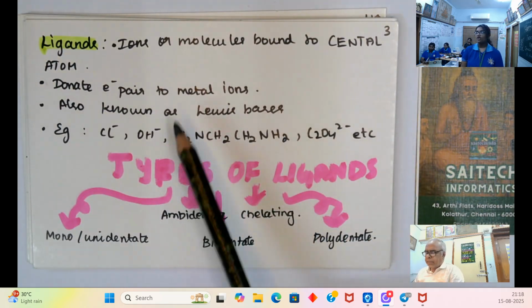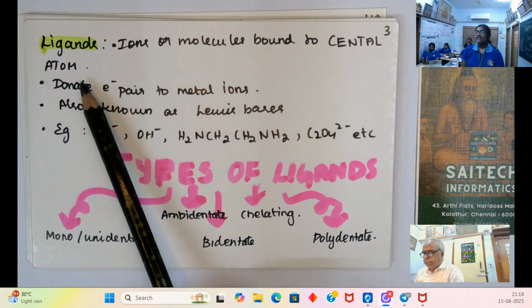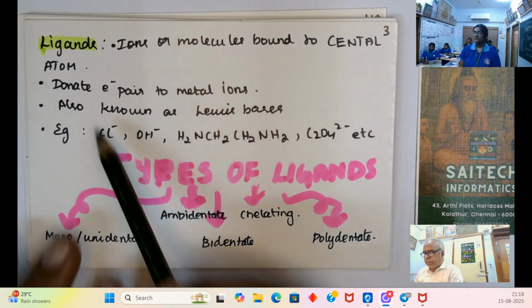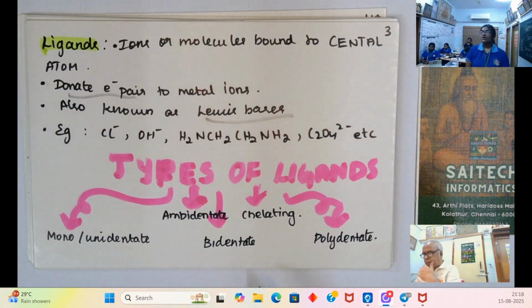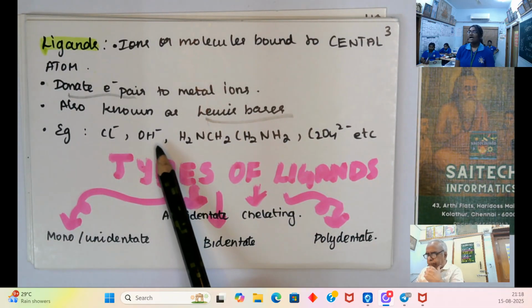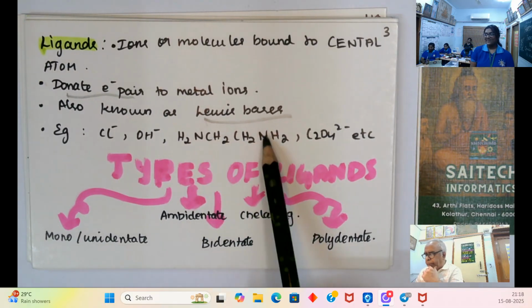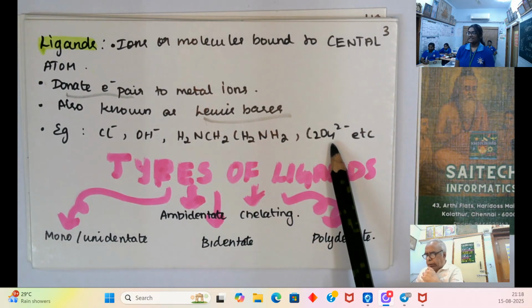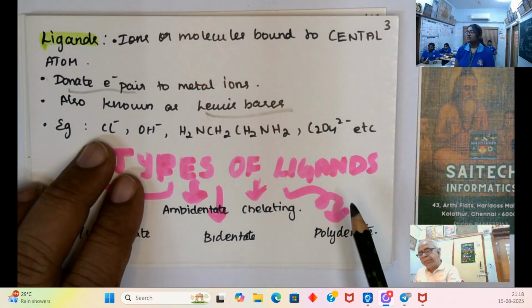Ligands are ions or molecules bound to the central atom. They donate an electron pair to the metal ions, and are also known as Lewis bases. Examples: chloride, hydroxyl, ethylene diamine, and oxalate. How do you call the chloride ligand in IUPAC?